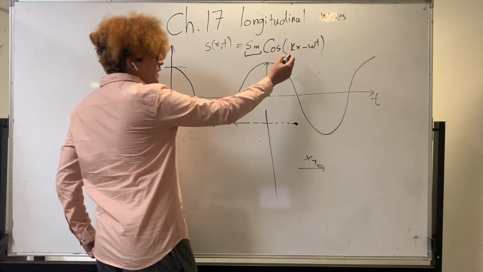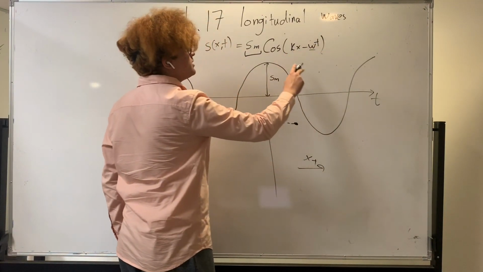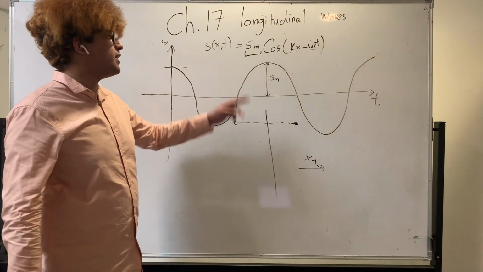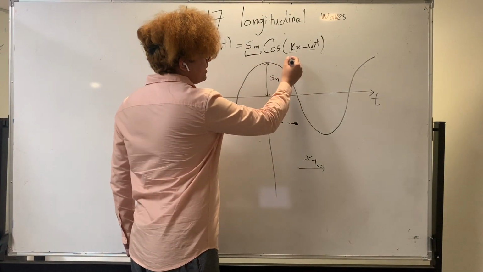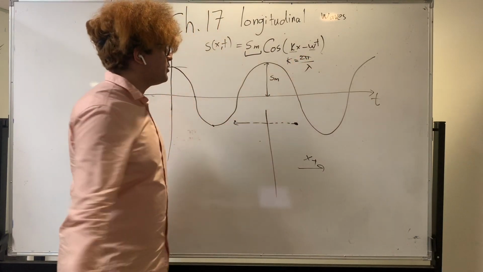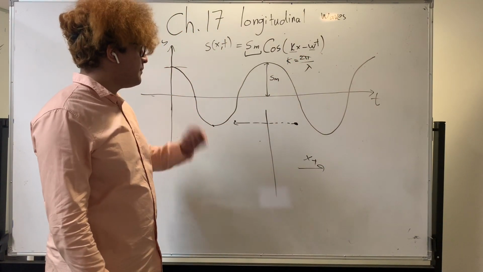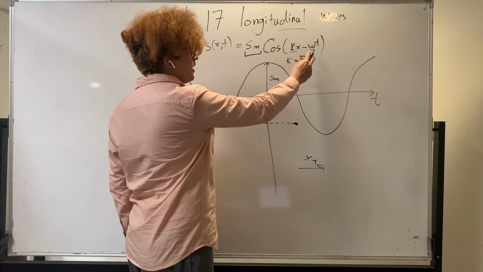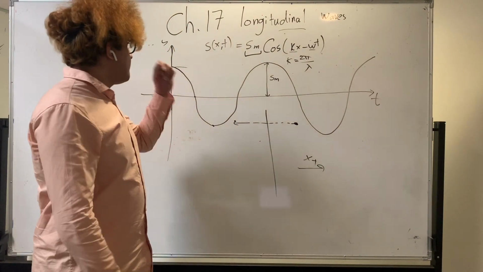Okay, so omega here is the angular frequency, and k is the wave vector, or it's the constant, and it's equal to 2 pi over lambda, as we already learned in chapter 16. And x is the position of the particle along the x-axis, and t is the time.